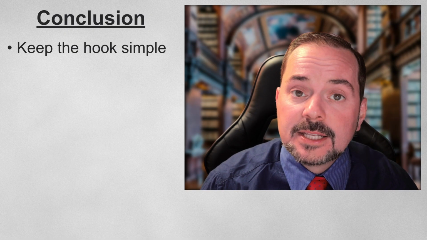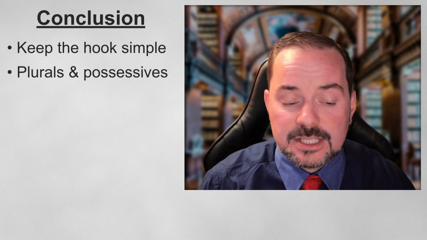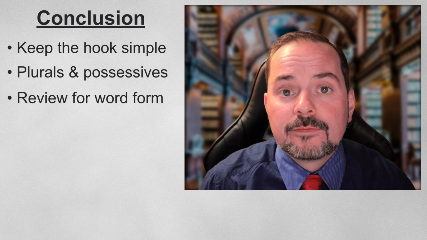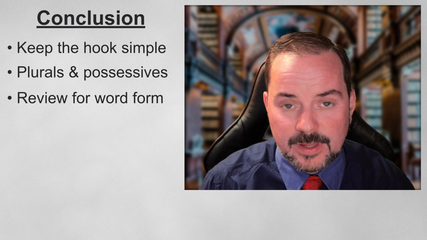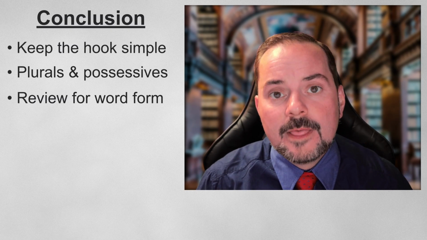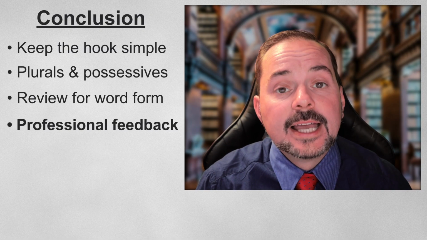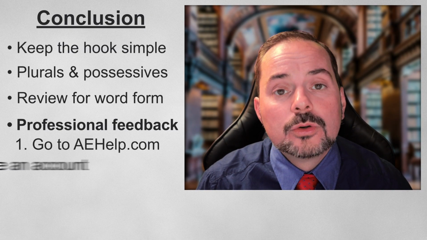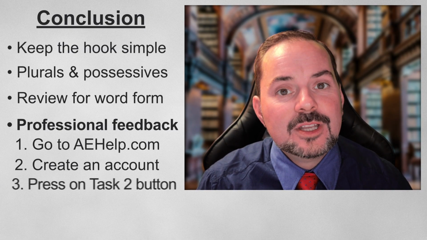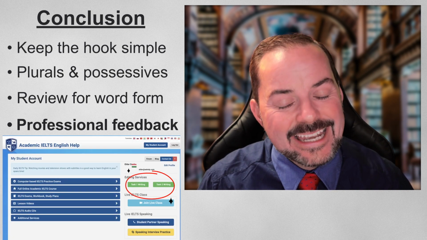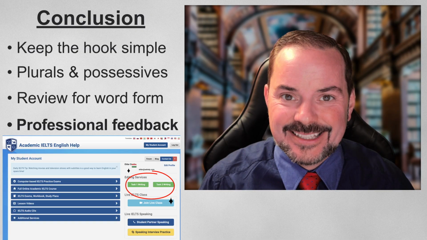B. Paying attention to plurals and possessive nouns. C. Reviewing the work for word form mistakes. It's extremely important that you get professional feedback on your writing to identify your mistakes so you too know where you need to improve so that you can get a band 6.5 and higher on your next IELTS exam.